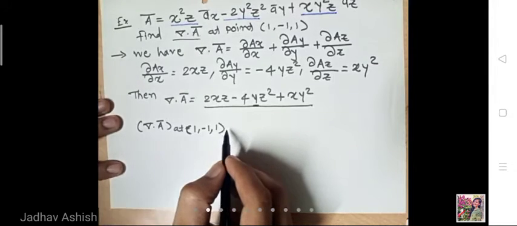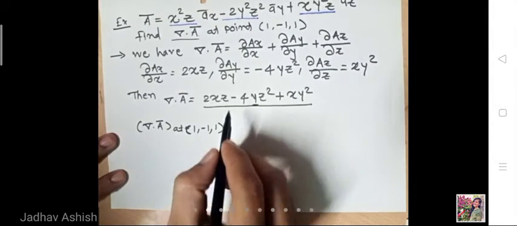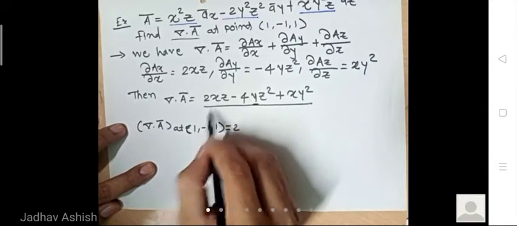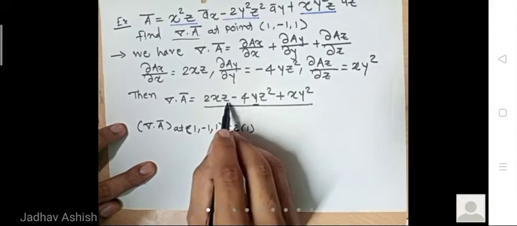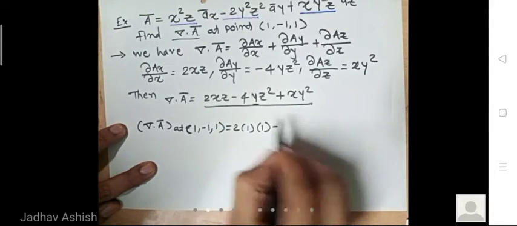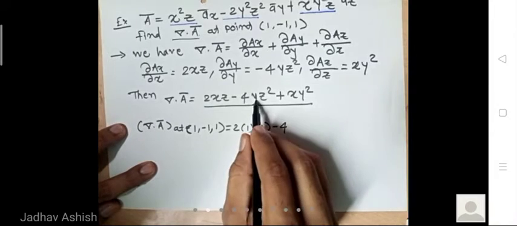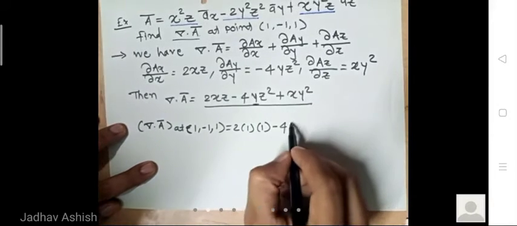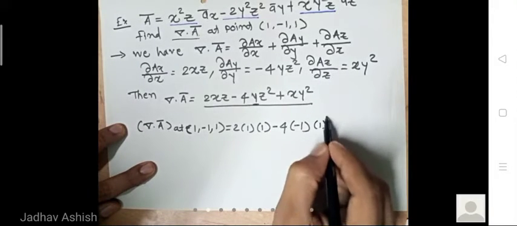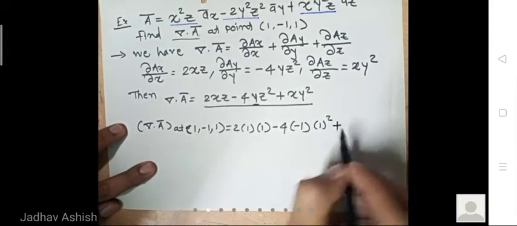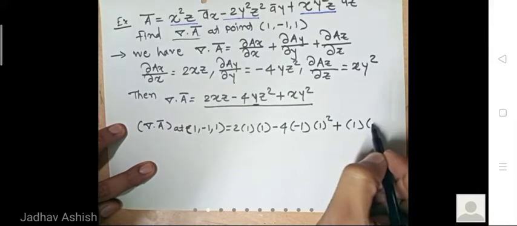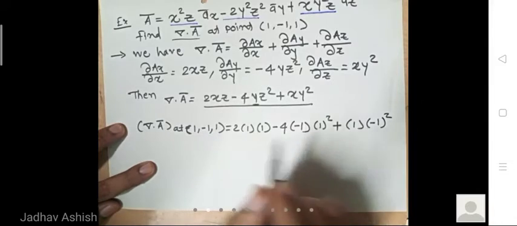So by putting all those values, I can write here it is equal to 2, value of x is 1, so 1, then value of z is 1, so 1, minus 4, value of y is minus 1, so this is minus 1, value of z is 1, so this is 1 square, plus value of x is 1, so 1, value of y is minus 1, so minus 1 bracket square.